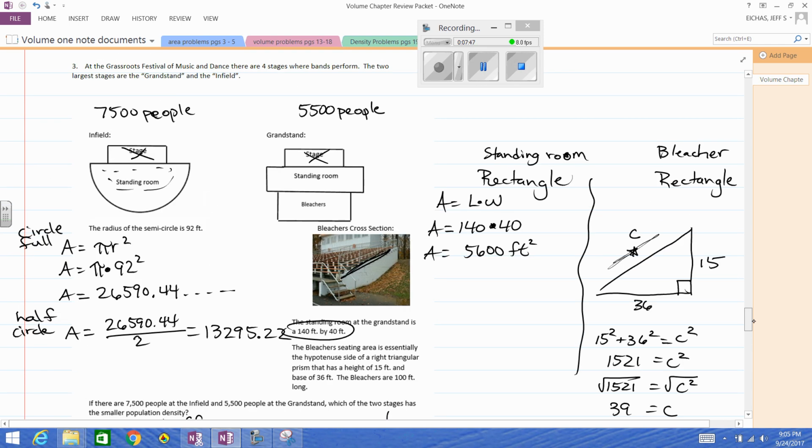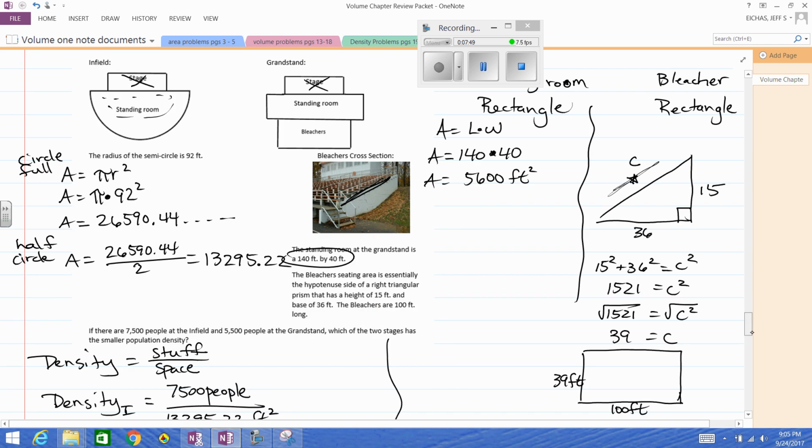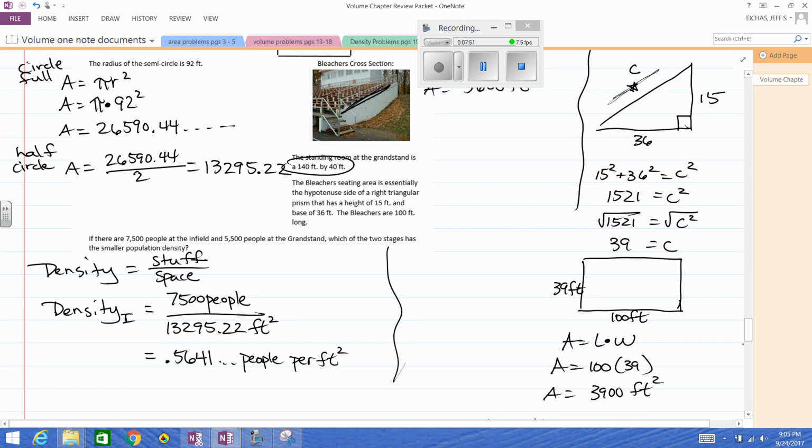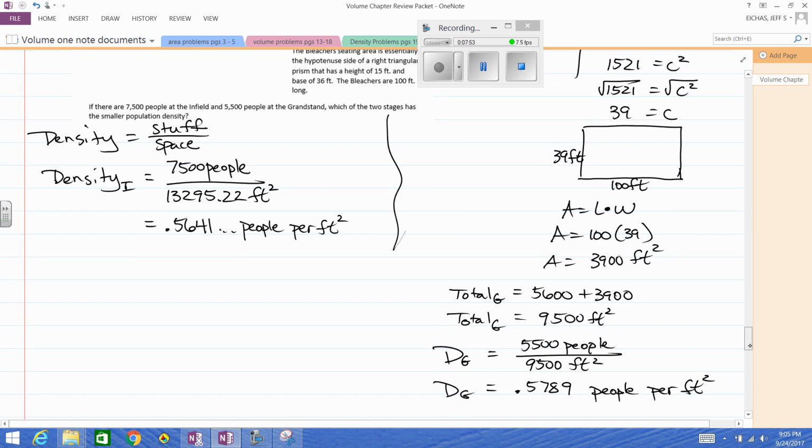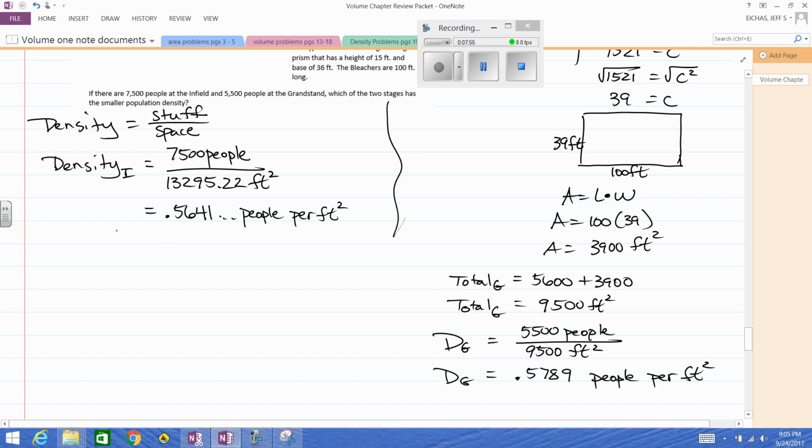What they wanted to know was which one has the smaller population density. That would be over here at the infield. So the answer is infield as the smaller population density.